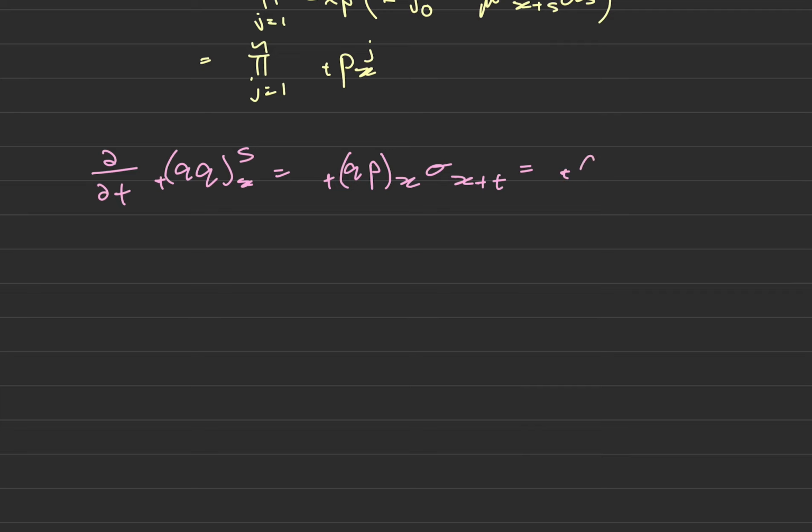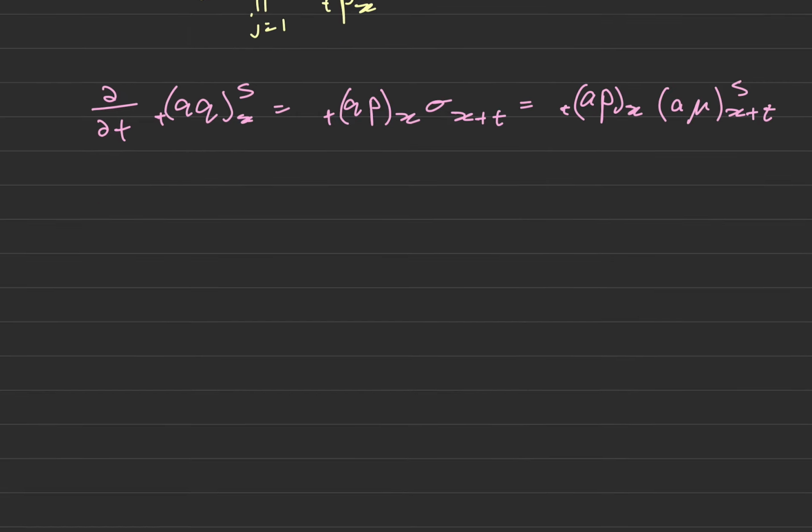Okay, so this is obviously the same thing as t a p x, and just rewriting this, instead of it being in its independent decrement form, being in its dependent decrement form, we have a mu x plus t s. Okay, and then solving this particular differential equation gives us aq x, the integral from 0 to t.